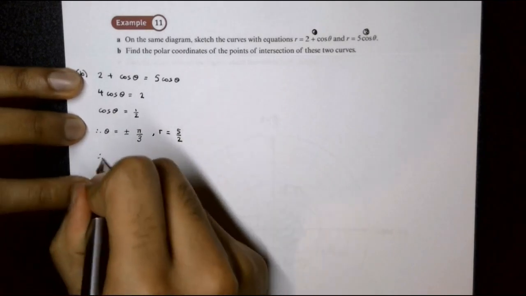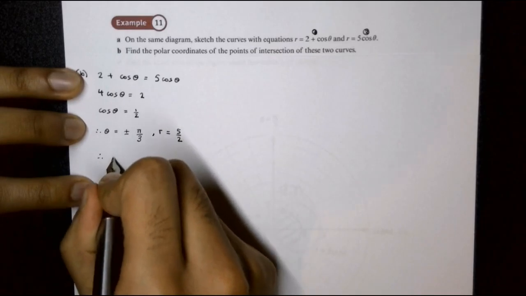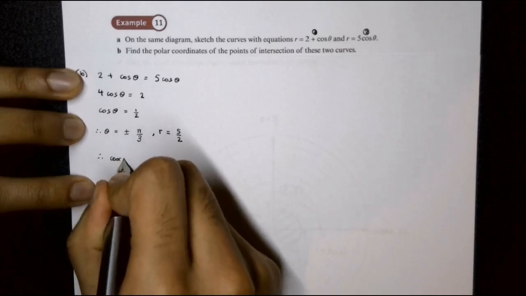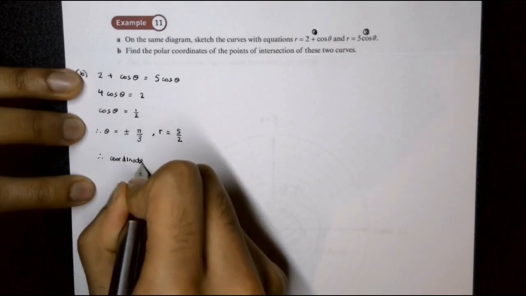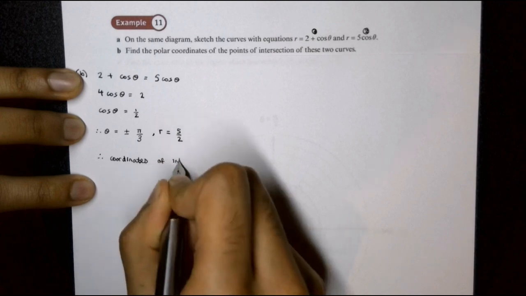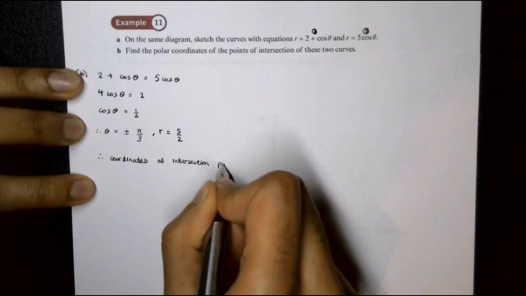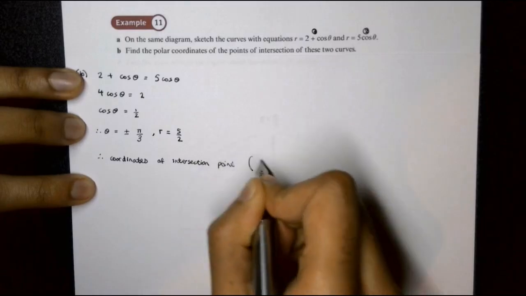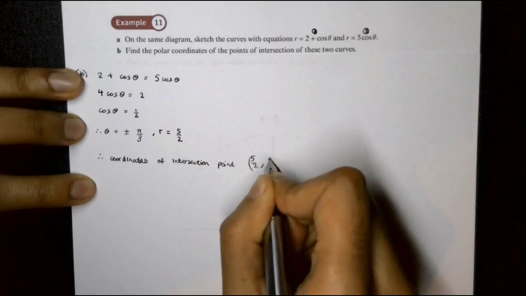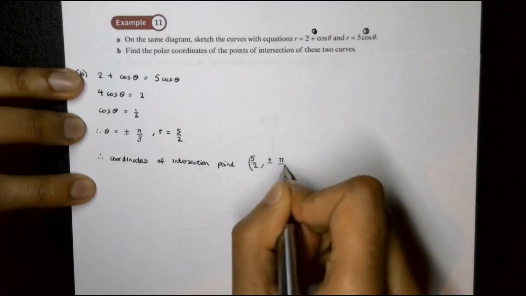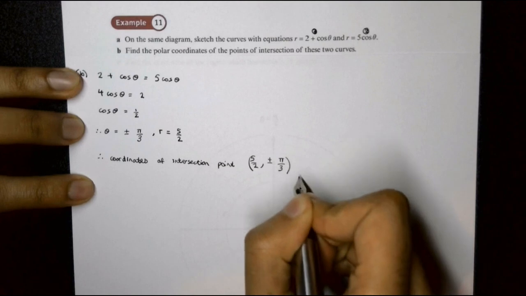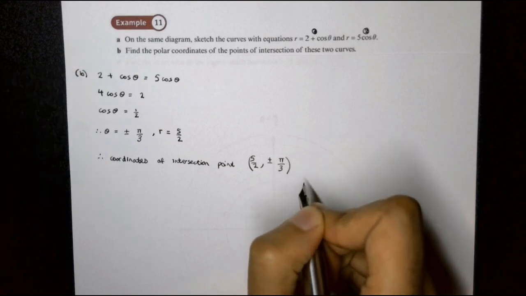So therefore, the coordinates of the intersection points will be given by 5 over 2 and plus minus pi over 3. So that's how we approach part B of the question.